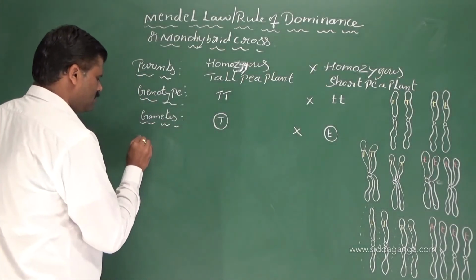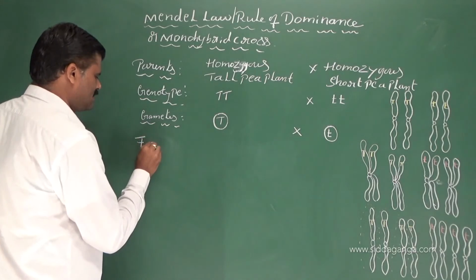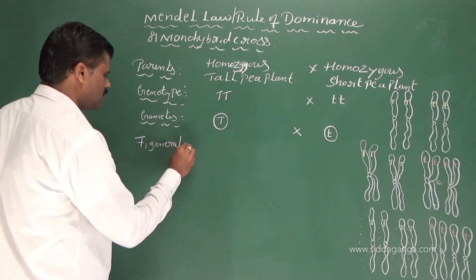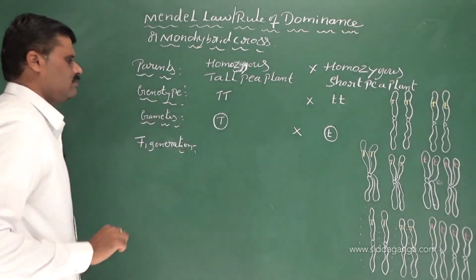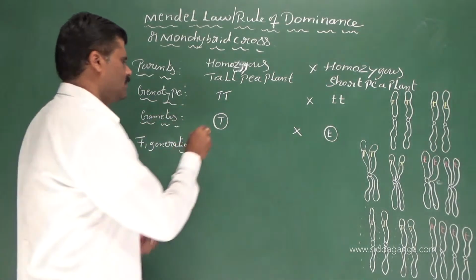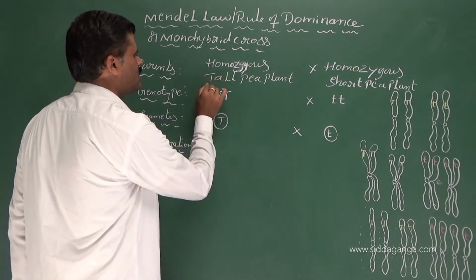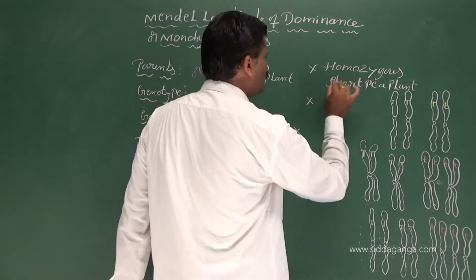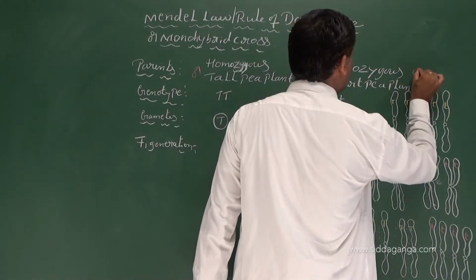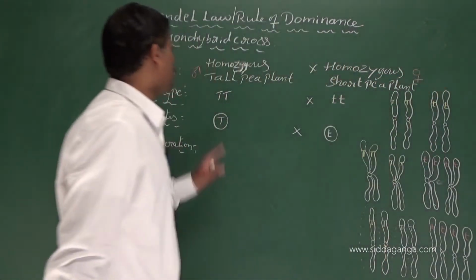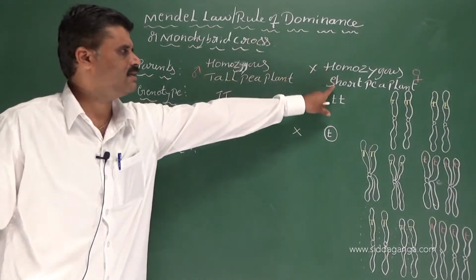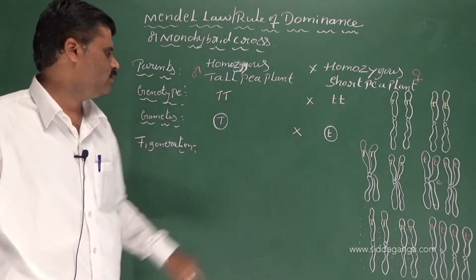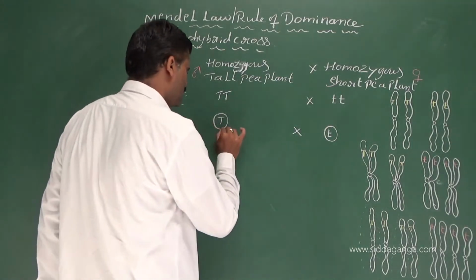Next, F1 generation. So, this homozygous tall plant may be male and homozygous short plant may be female, right? The pollen grains are pollinated to the female plant where fertilization takes place, leading to formation of zygote.